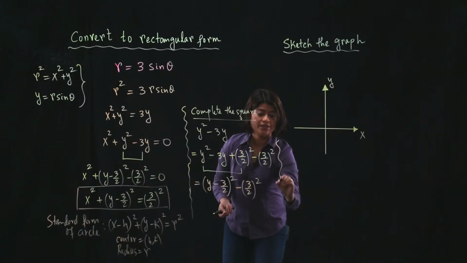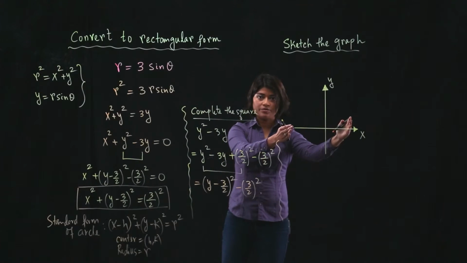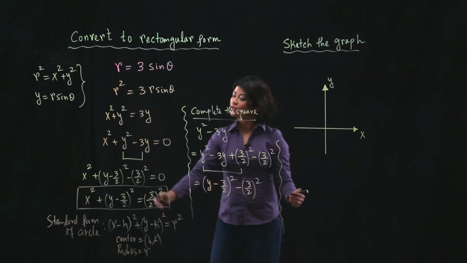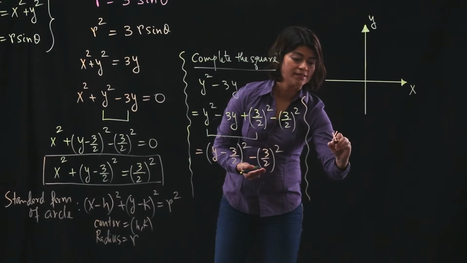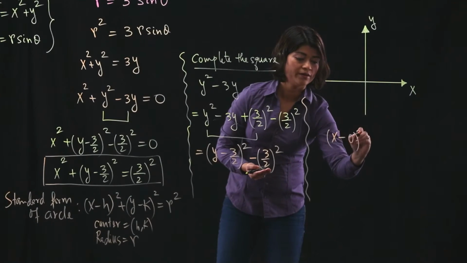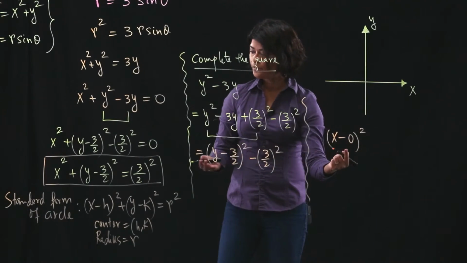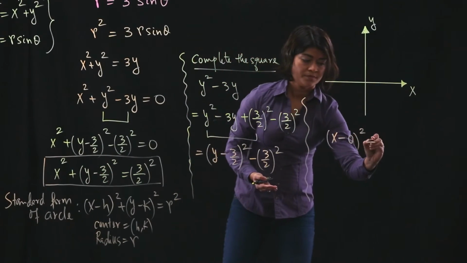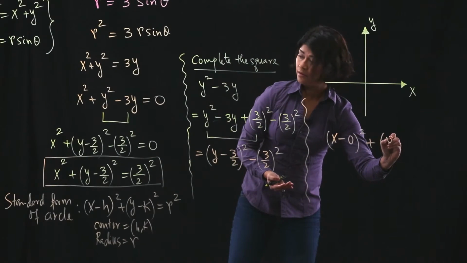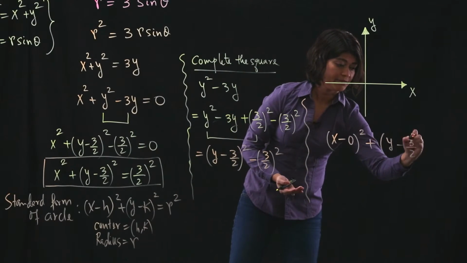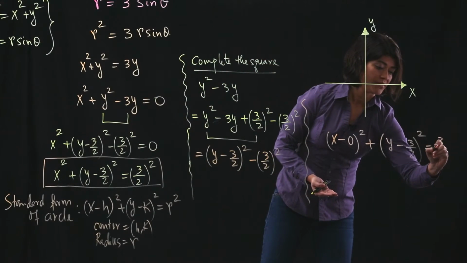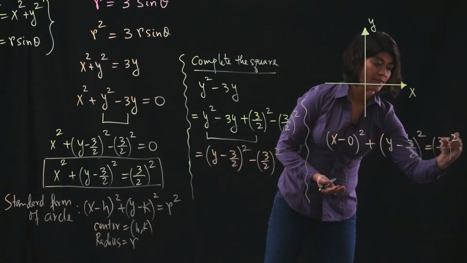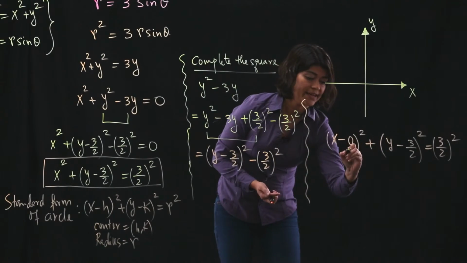So let's come back here, and we'll be graphing our circle right here. So our expression has x squared, which means this is x minus 0 squared, so there's no other constant, it is 0, plus we have y minus 3/2 squared, and the right hand side is 3/2 squared. So do you see which one is h?